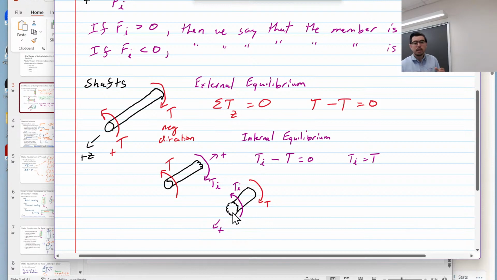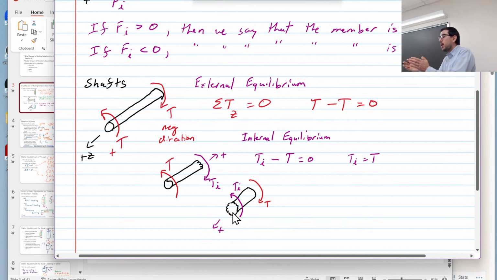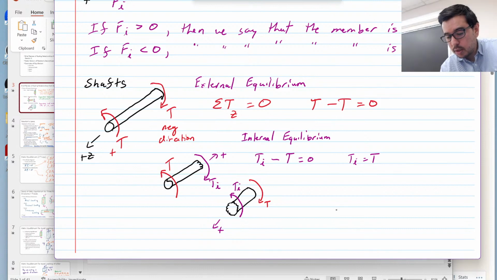Another way to look at this is to say I'm going to be balancing internal torques as well. So I could also draw something like this, where I have a fuzzy side on this side, and I have a fuzzy side on this side.